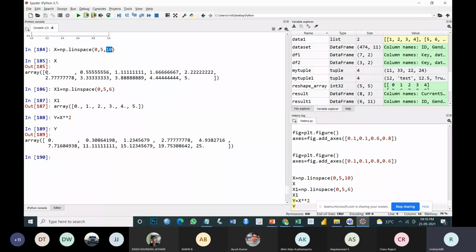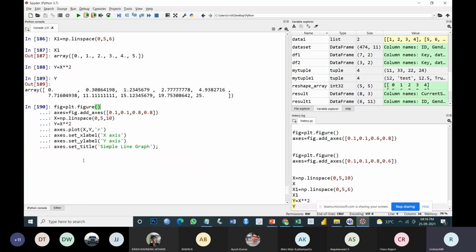I want to print 10 values from 0 to 5 with equal interval. That is linspace. Here it is the same range 0 to 5, but I gave 6, so it prints 6 values. That is linspace.